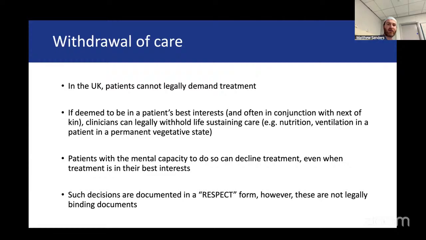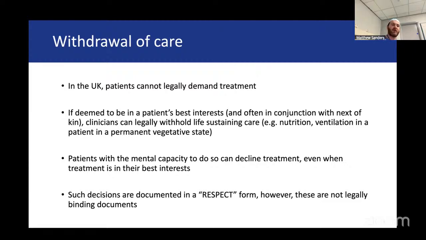Patients who have mental capacity to do so can decline treatment even when we deem treatment would be in their best interest. And this is a reflection of the Mental Capacity Act, where patients are empowered to make what we may think of as an unwise decision, providing that they fully understand and have capacity to do so.